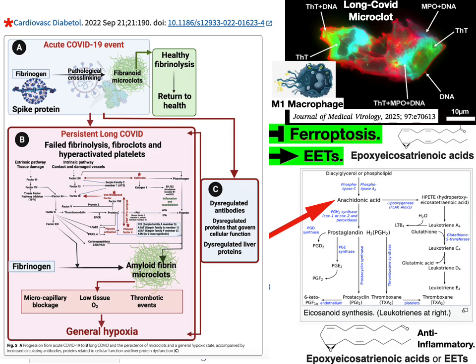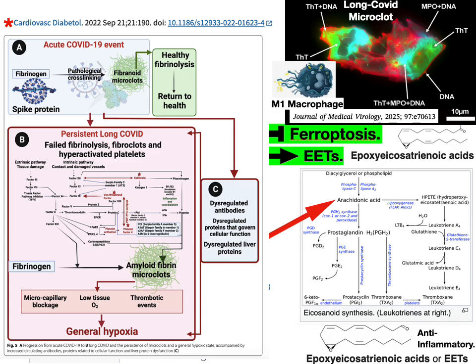However, in the case of long COVID, panel B, this results in a persistent long COVID condition, which is characterized by failed fibrinolysis, the lysis of the microclot, fibroclots, and hyperactivated platelets. These aberrant pathways result in the formation of amyloid fibrin microclots, which block microcapillaries, produce low tissue oxygenation, and promote thrombotic events. This results in general hypoxia of impacted tissues.